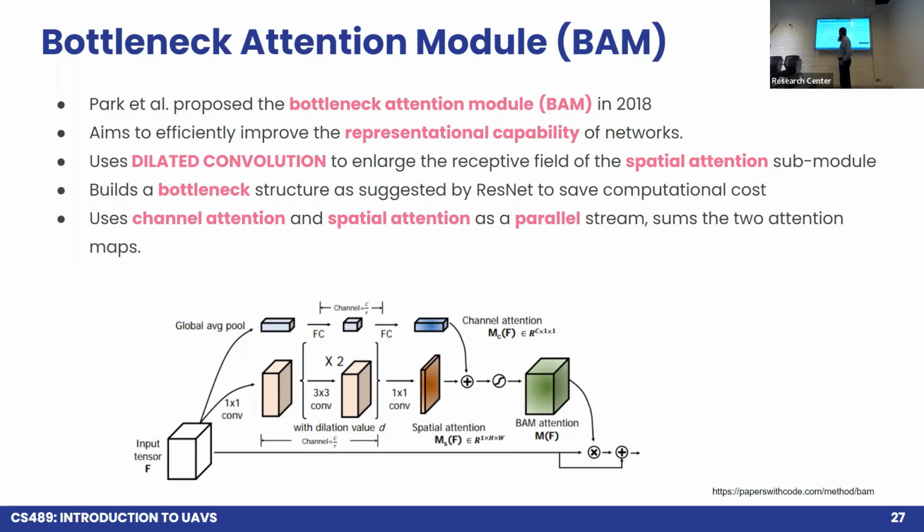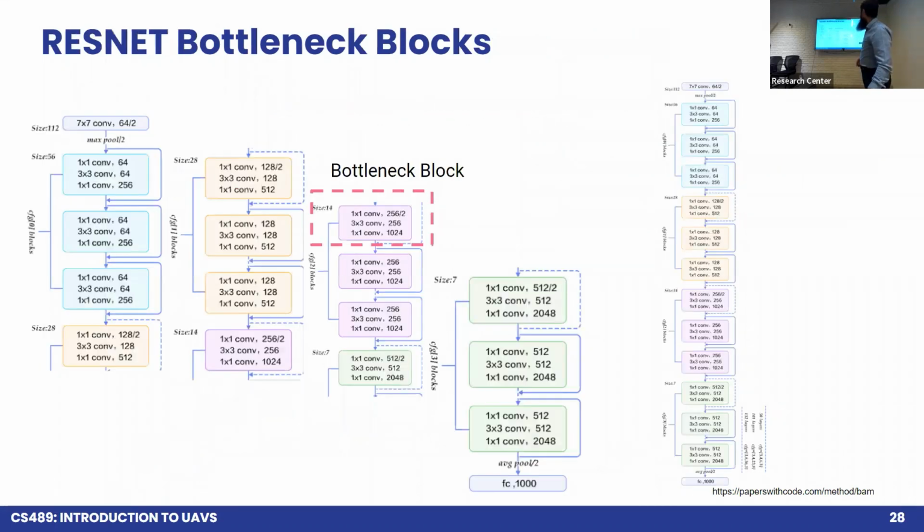And so here it's similar to the SE. This block is similar to SENet because it's average pooling, fully connected, with dimension reduction. So what is the contribution here? They try to combine spatial information. So here the convolution will be made with dilation of value D. Before going into the details, let me remind you about the residual bottleneck architecture.